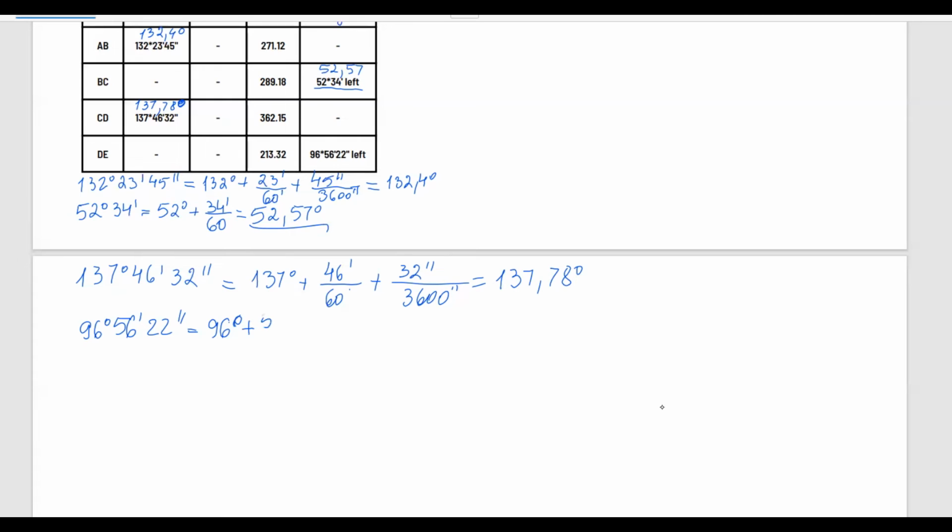Plus 56 minutes divided by 60 plus 22 seconds divided by 3600. And let's see how much we are getting here. 56 divided by 60, 22 divided by 3600.